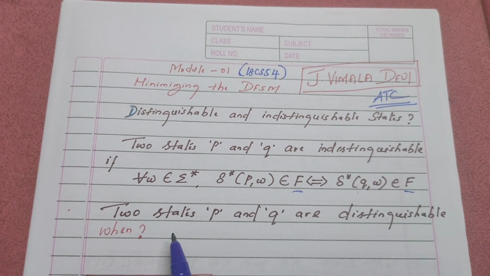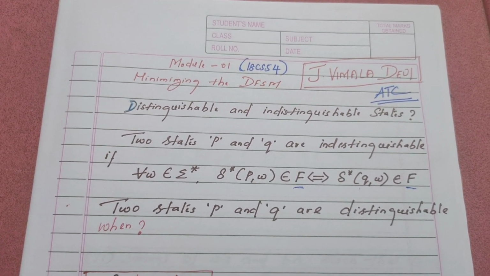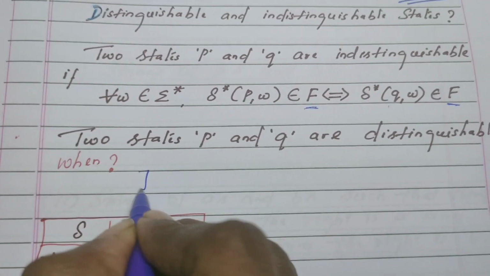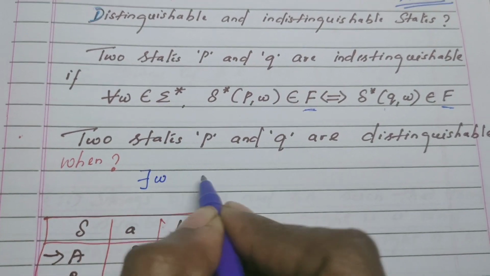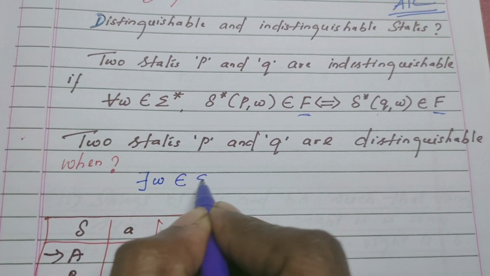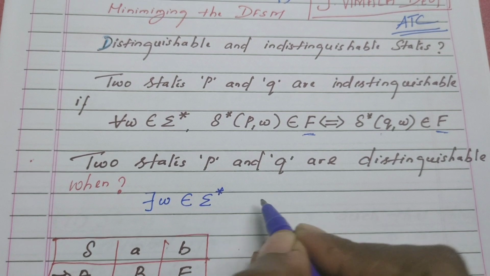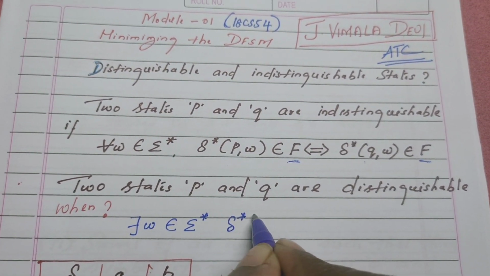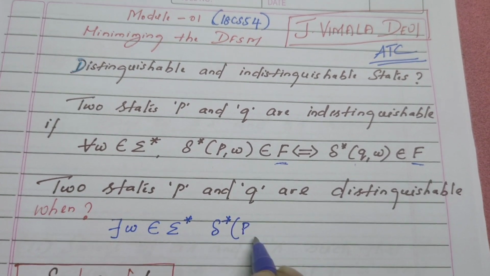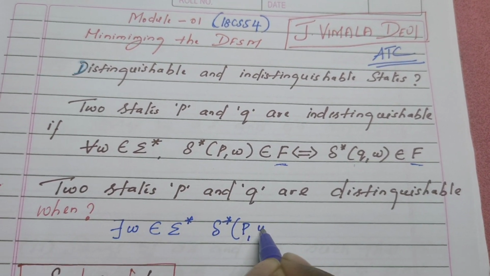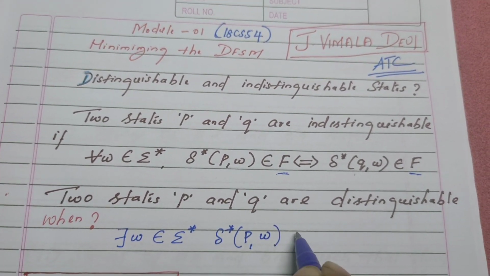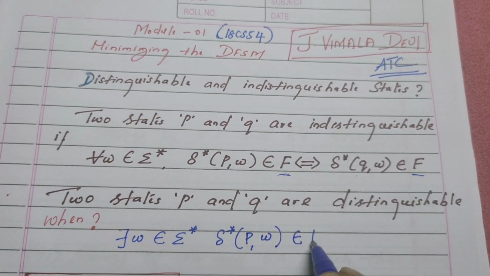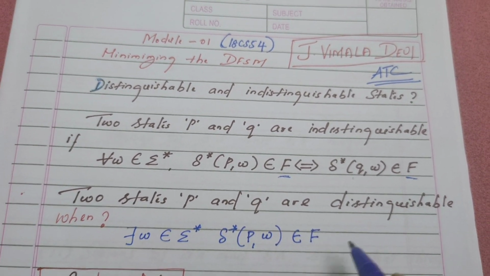Okay, now we move on to the other partial definition. When can we say the states are distinguishable? It's very simple. There exists a string W, of course belonging to the given alphabet, where delta defines the transition function. From the state P, we want the machine to read the string W and assume that it enters into the final state.